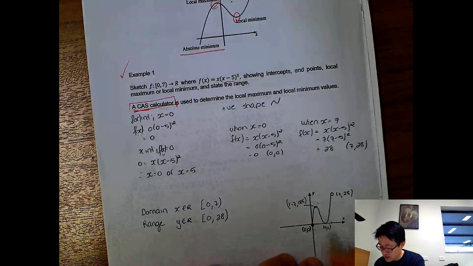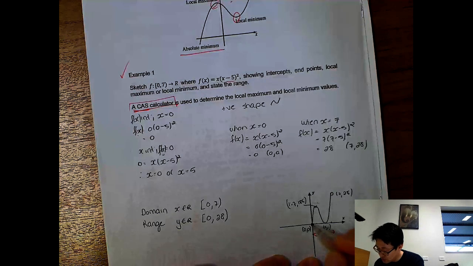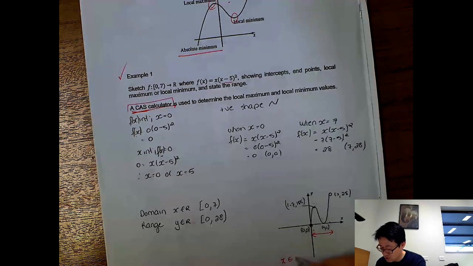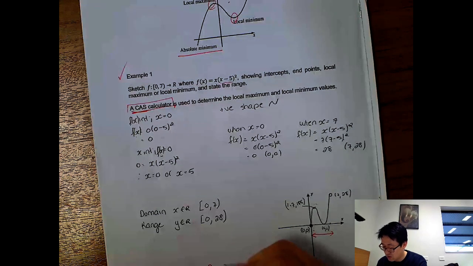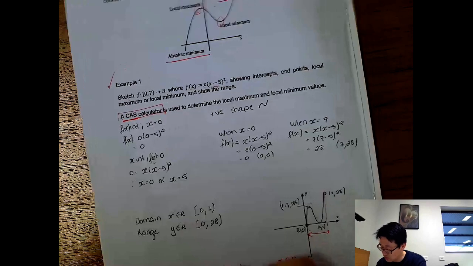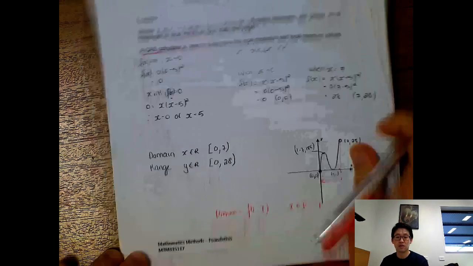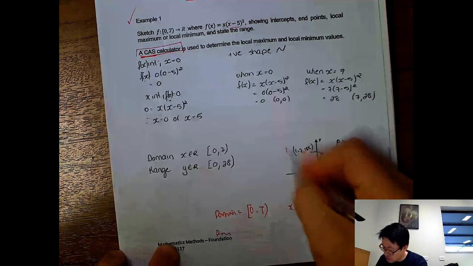Okay, then that's what I get. And domain is the x value here, isn't it? So x goes from 0 to 7. You don't have to write down x is real. Domain equals 0 to 7, include, exclude. Okay, that's what I get. And range is the y value.